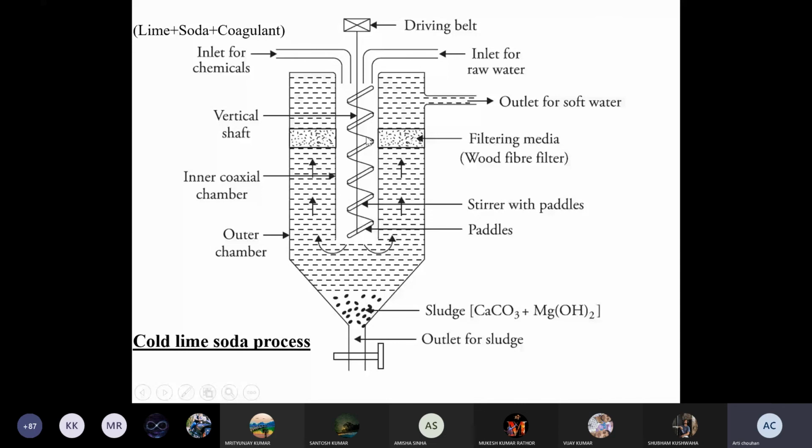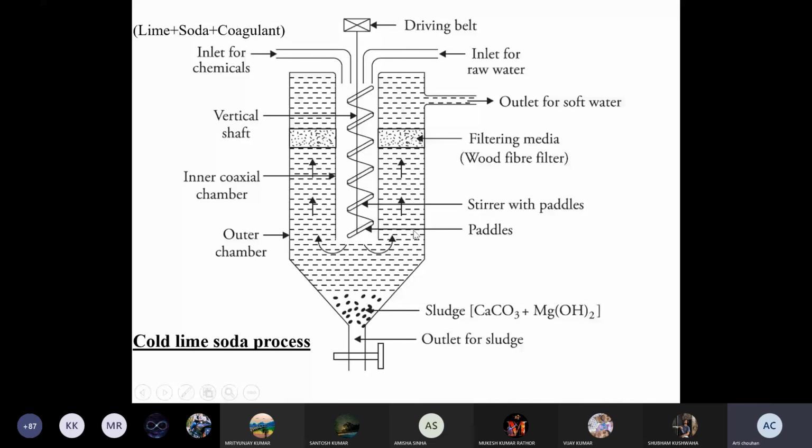On that stirrer, paddles are fitted, and they give homogeneous mixing to the water and the chemicals, so that the coagulants, lime, and soda have the chemical reaction properly, and the soluble impurities convert into insoluble calcium carbonate and magnesium hydroxide precipitate.